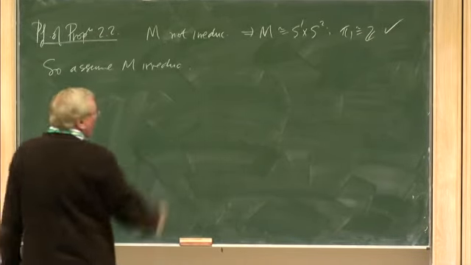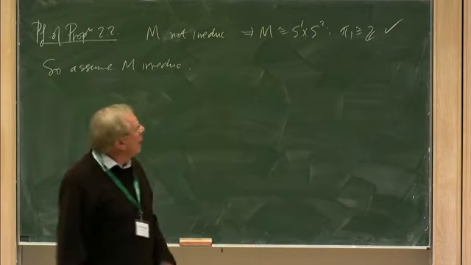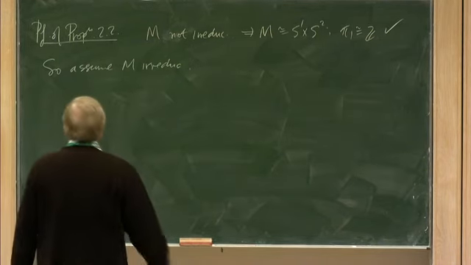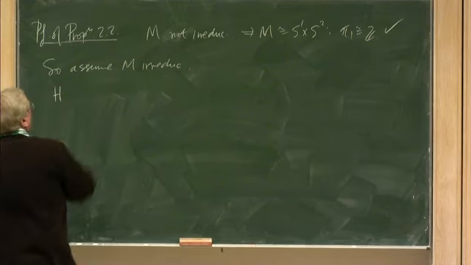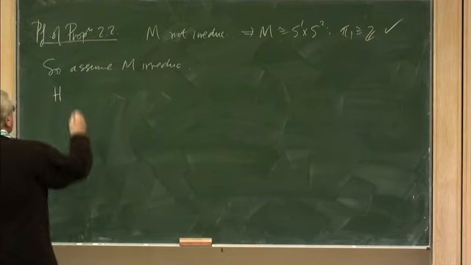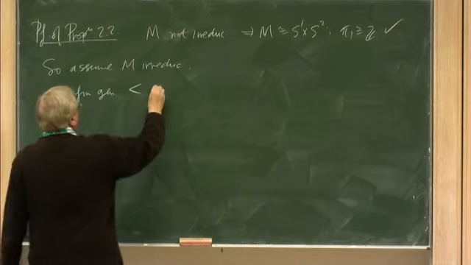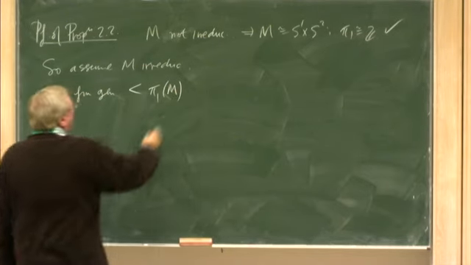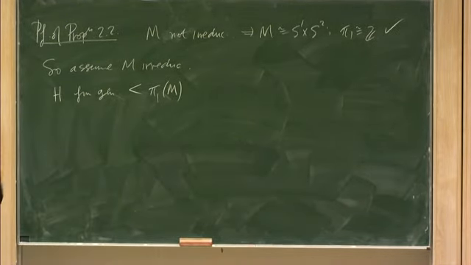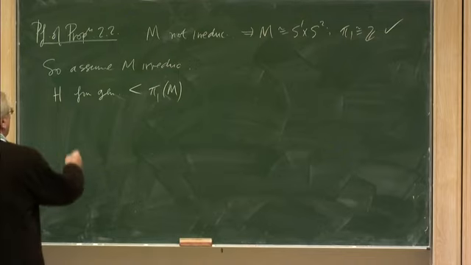Okay, we've got this finitely generated subgroup H of pi 1 of M, and we want to prove that it's indicable. Indicable means it's either trivial or there's an epimorphism onto Z. So let's assume it's non-trivial.